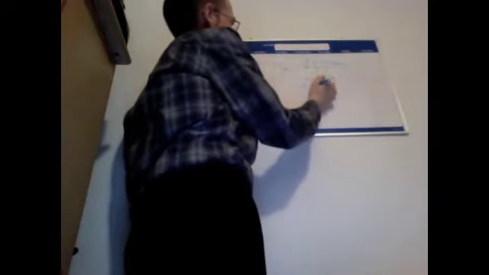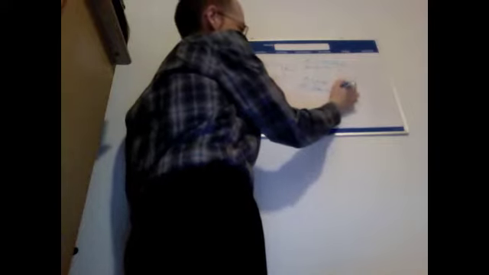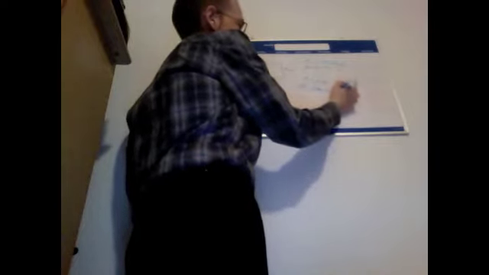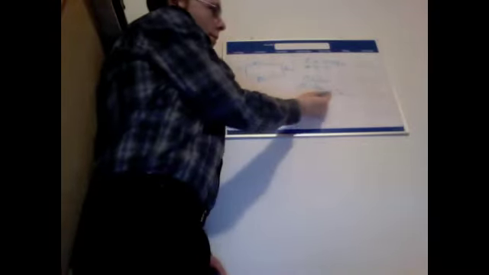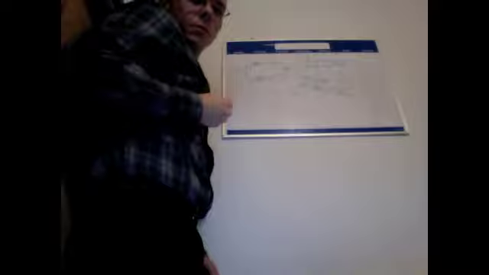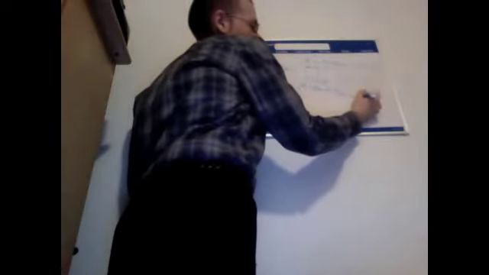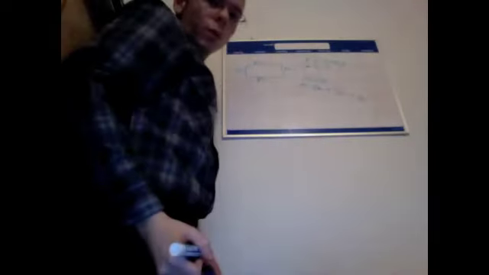Area equals length, 8 meters, times your width, which is 5 meters, equals, now just do your numbers first, okay, we have 8 times 5, 40.